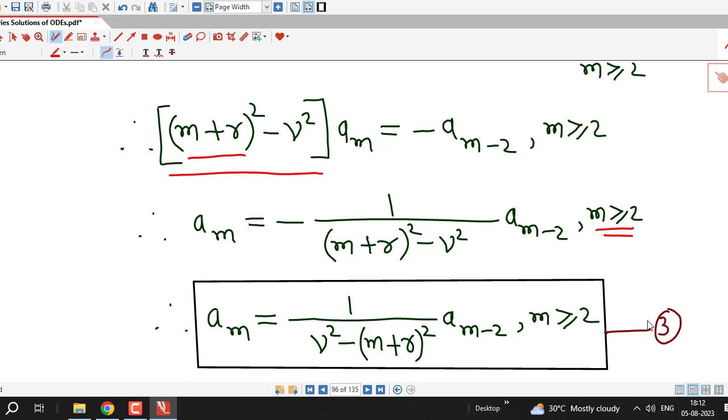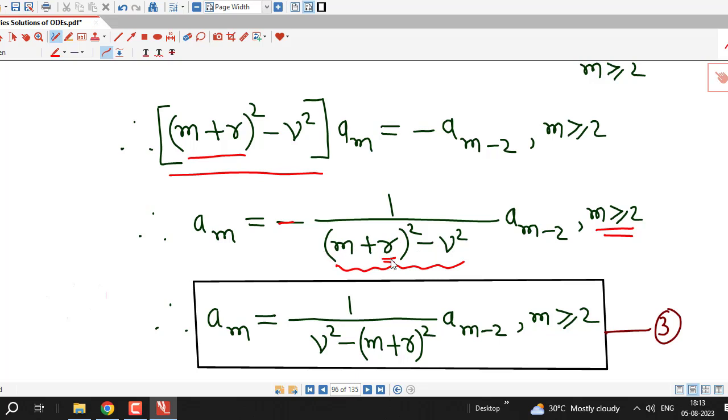And because we have taken r equal to nu, r equal to nu we will take later. Here this step is written by considering this minus sign multiplied with this denominator.